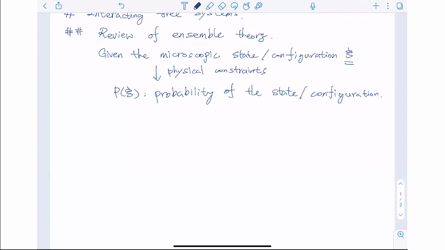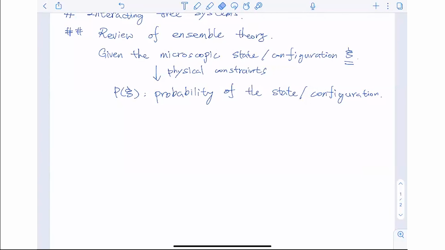The later half of the semester, we'll discuss the applications of statistical mechanics using different examples. It might be more interesting, so you know how statistical mechanics works to give you some predictions.